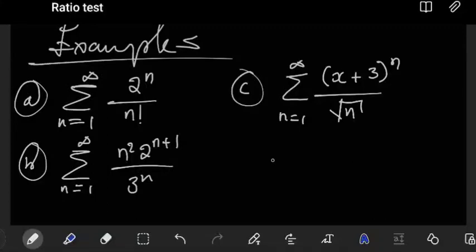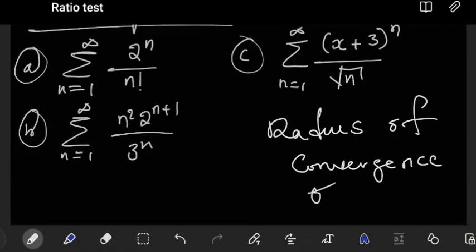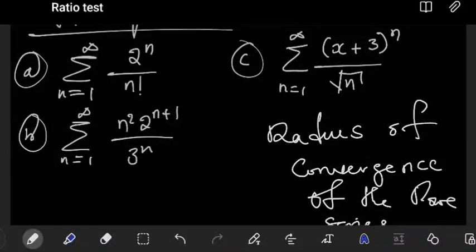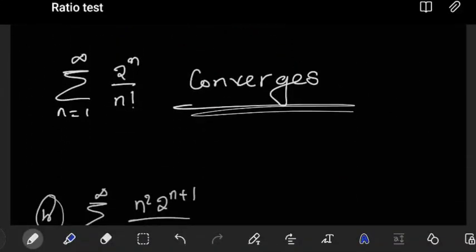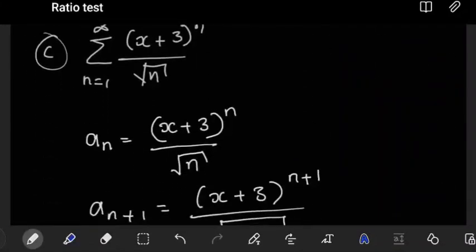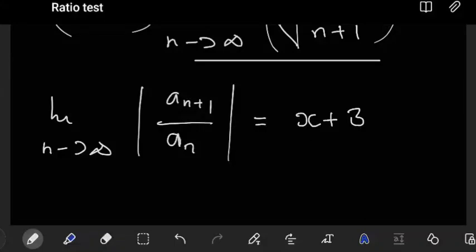So the question was, find the radius of convergence of the power series. So in this case, having done that, we have reduced all this to this by finding the limit, and what we have found is that the limit is going to be equal to this.